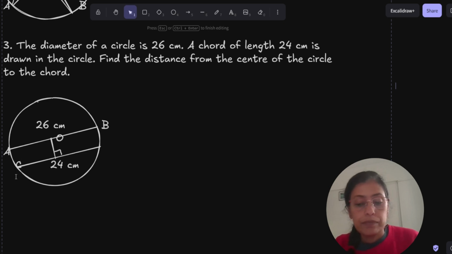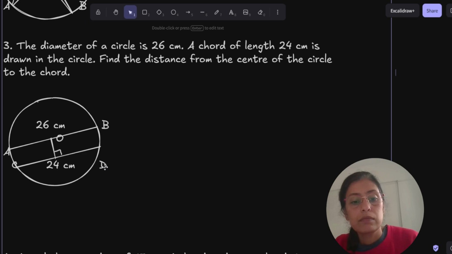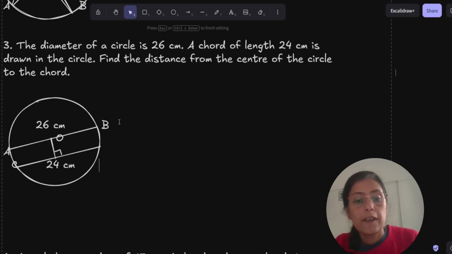Let me call it C, and I'll call the other end D. This is actually the correct position.